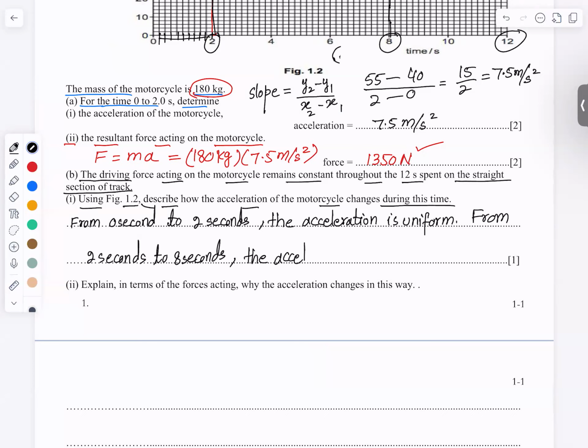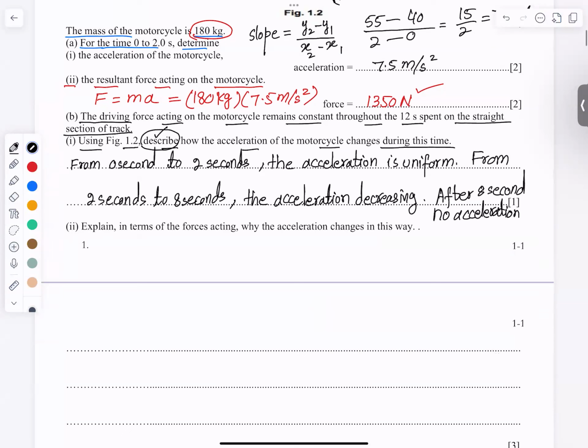When they say describe, reasons are not needed. You have to describe the process, the changes. You only have to describe, no need to explain. The acceleration is decreasing since it's a decreasing curve. After 8 seconds, no acceleration. After 8 seconds, there is no acceleration at all because the speed is constant.